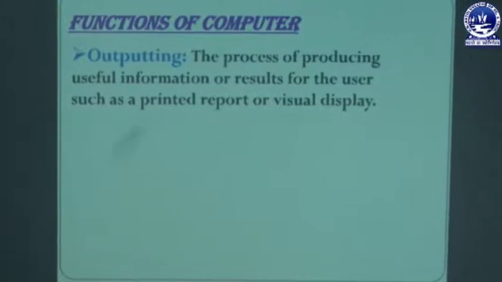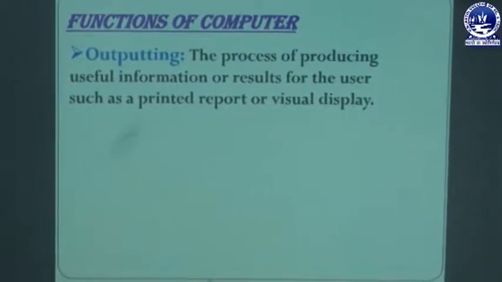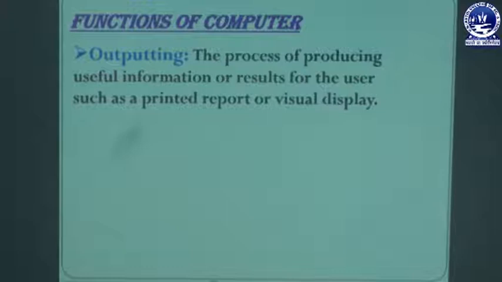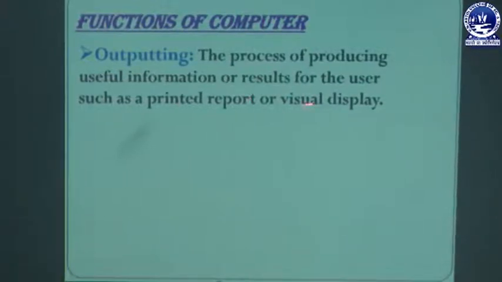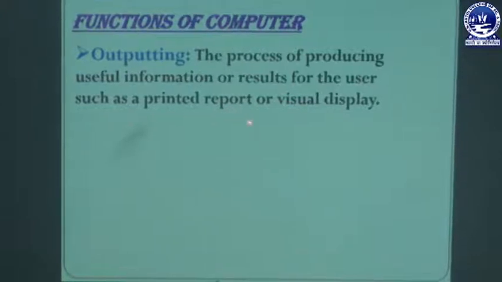So what does outputting actually mean? Outputting means the process of producing useful information or results for the user, such as a printed report or visual display. So what is it saying? It's saying the process of producing useful information. How will it produce useful information?